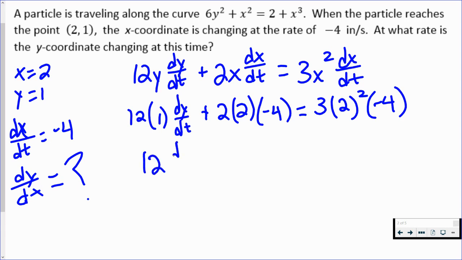So let's simplify down. 12 dy/dt, and then 2 times -4 is going to be -16.